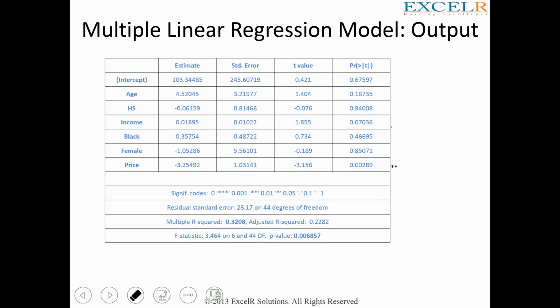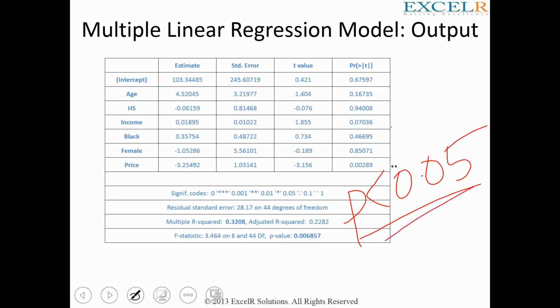Okay, what do you mean by P value? All right, you're always saying that if P value is less than 0.05, it's significant. But what does that really mean in this scenario? It means that the coefficient here is significantly different than 0.